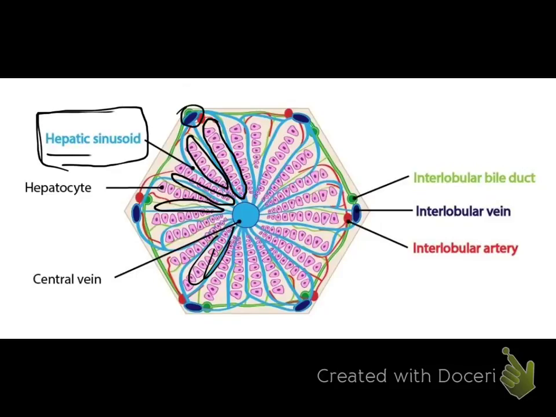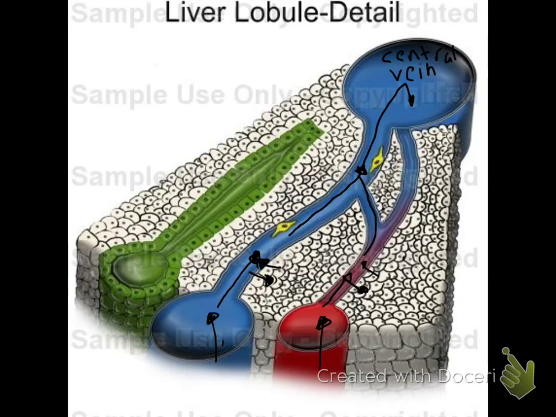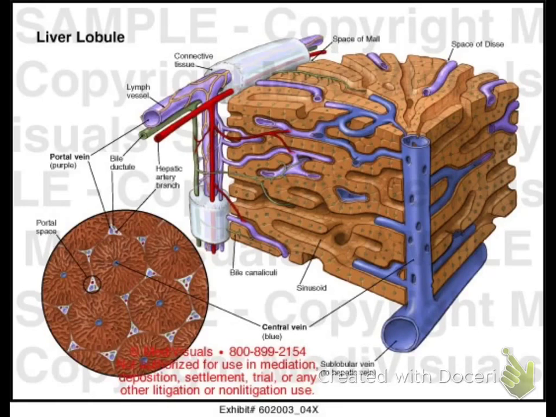Here is the portal vein and the hepatic artery, and here is the sinusoid. I will show you. Okay, this is the hepatic artery, and this is the portal vein.